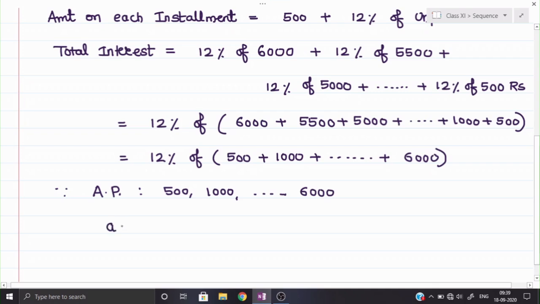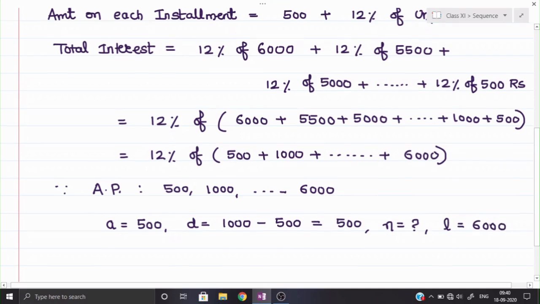So the value of A will be 500, D will be 1,000 minus 500, which is equal to 500. The value of N, how many terms there are, we don't know, so keep it as a question mark, and the last term is 6,000.